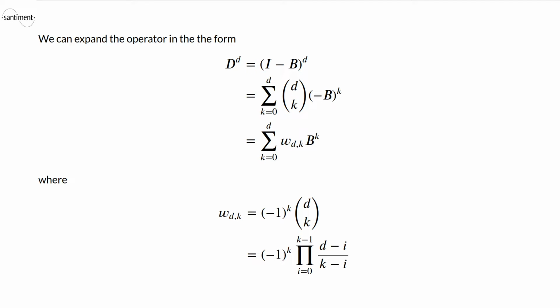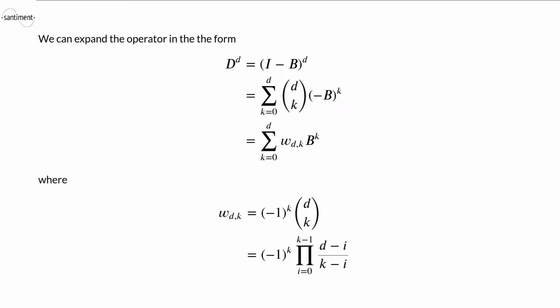Then I uncover the brackets and I write, there are these binomial coefficients that we get. So in the end, I can express it as a sum of powers of this matrix B times some coefficients, some weights. And you can see what the formula for the weights is on this slide.